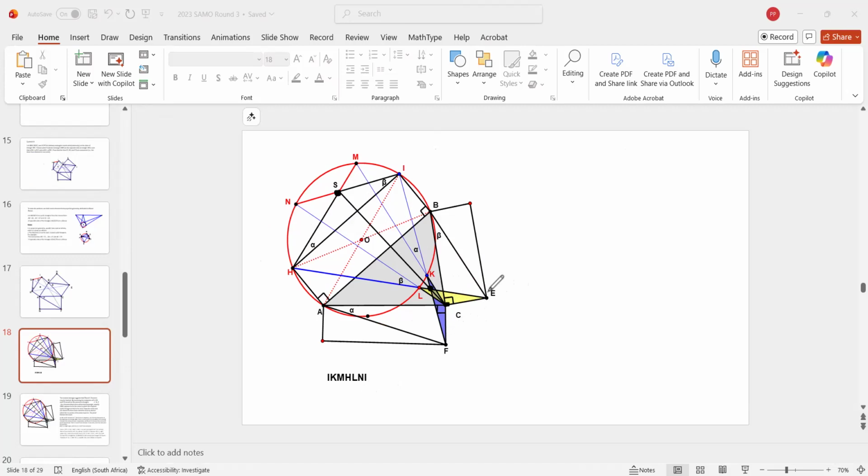I want to show that they are collinear, okay? And I said that we are going to use projective geometry and the theorem on cyclic hexagons to prove it.